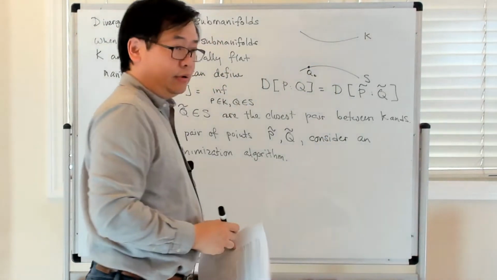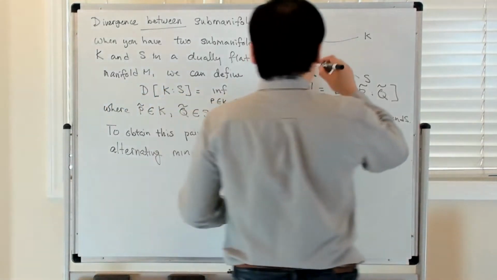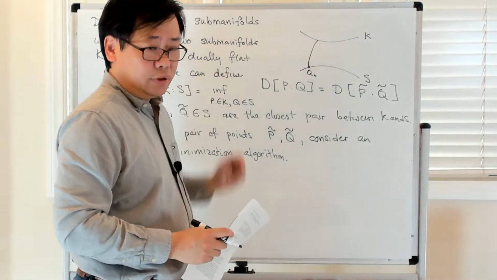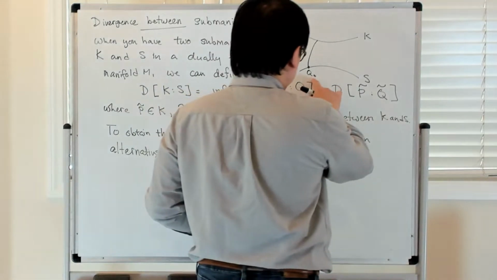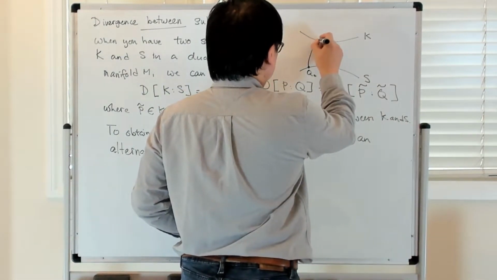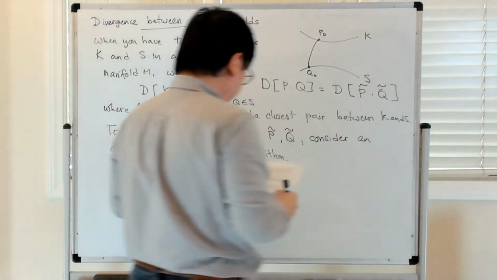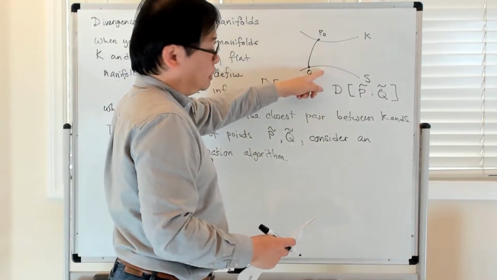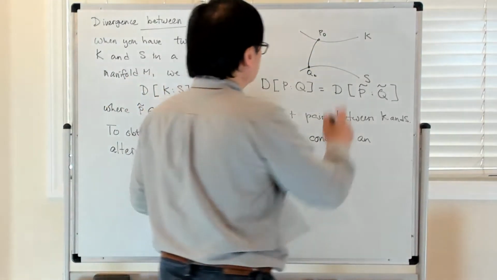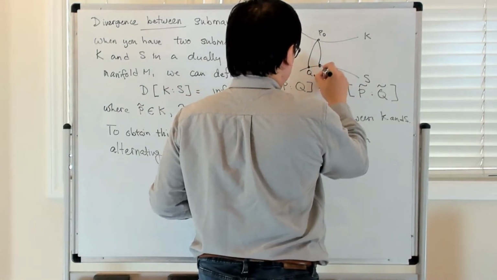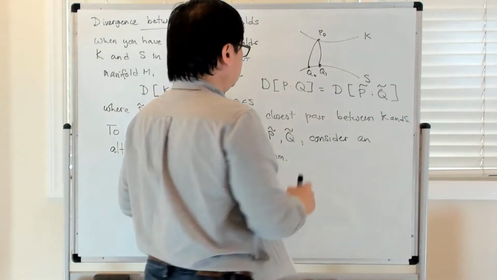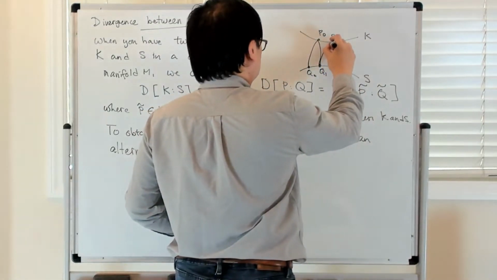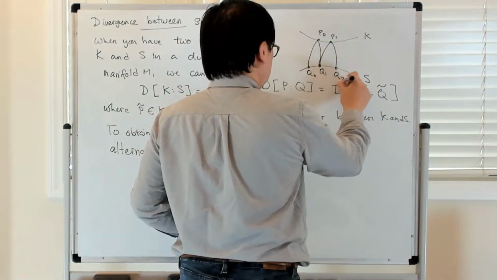So I start with Q0 on the manifold S. I can do this geodesic projection, which we had talked about previously, of the point Q0 onto the manifold K. So let's call that P0, right? And then once you've done that, I can do a projection of the point P0 onto S, which gives me Q1. And then given Q1, I could project back to P1 on K. Given P1, I can project back to Q2 on S. All right?